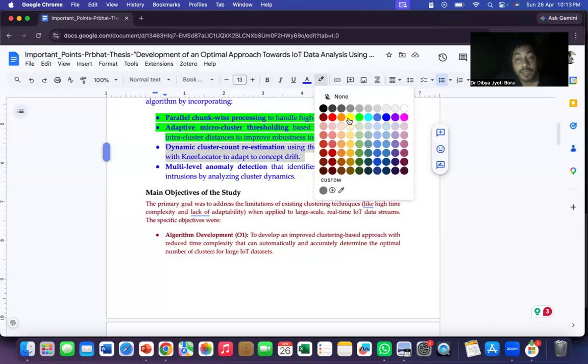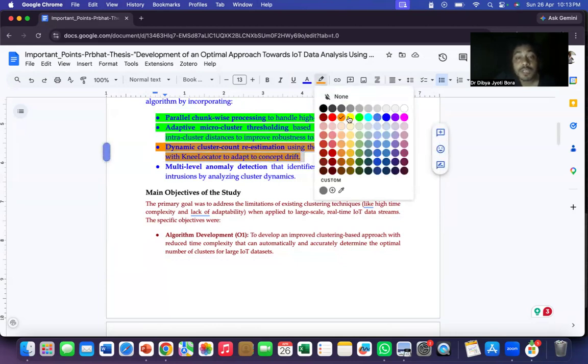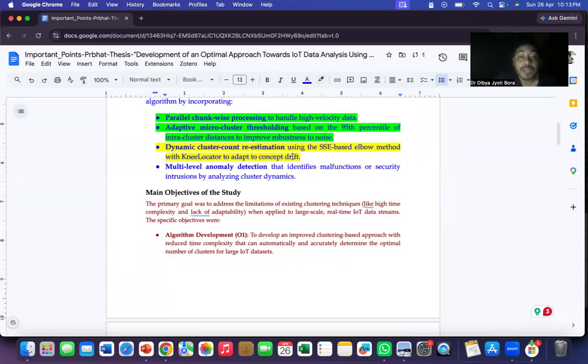Again, remember, this is one important point for which we try to deal with the issue of cluster count. Here it is done with the help of the SSE-based elbow method with knee locator to adapt to concept drift.